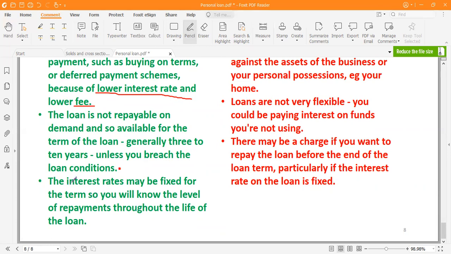The interest rate may be fixed for the term, so you will know the level of repayment. So it is very easy to know the monthly repayment throughout the life of the loan, or throughout the long term.